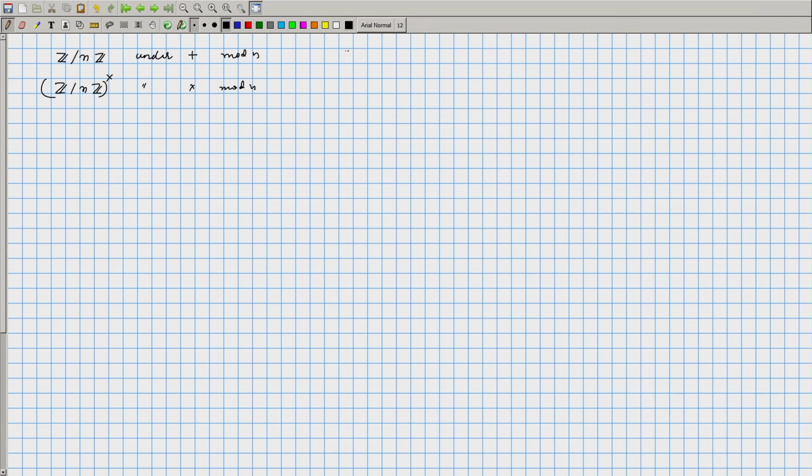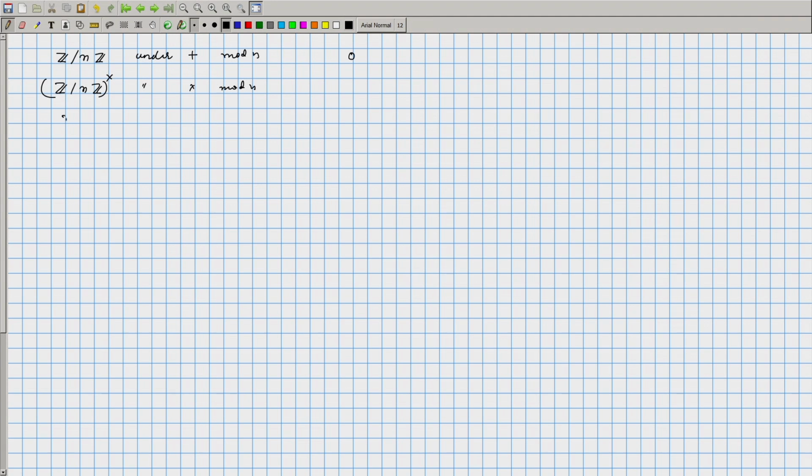In the first case, surely the set will contain 0 and all the other n minus 1 elements as well. Whereas, if you consider the multiplicative group, it will have strictly fewer elements than n.